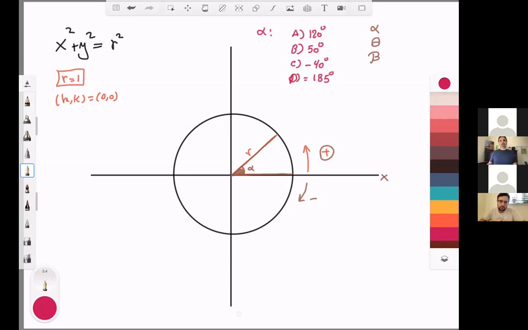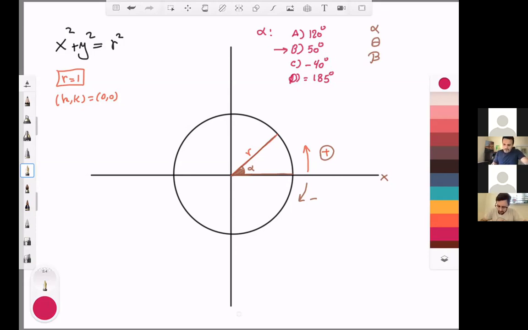Which one do you pick as a best answer for this? B. Very good, the answer is B. Not exactly 50, but better than 120 or negative 40 or 185.